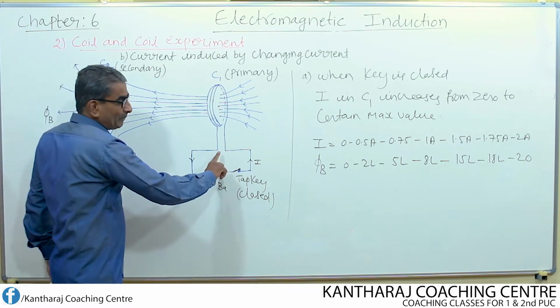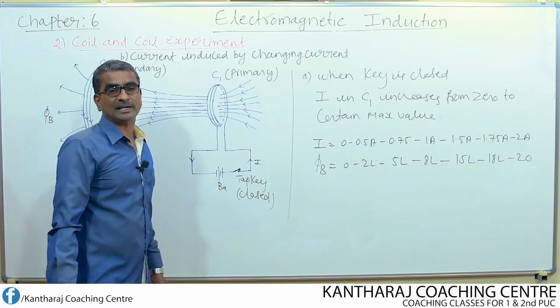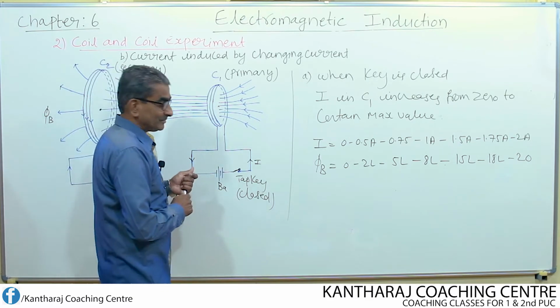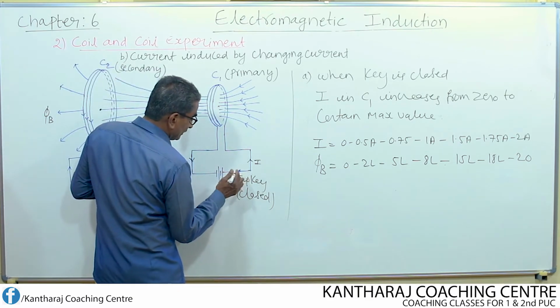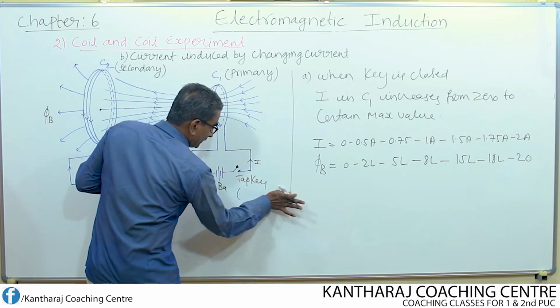Then when the key is opened, the galvanometer should show a momentary deflection in the opposite direction. Because what happens when the key is opened? So if I release the key, the key is opened.